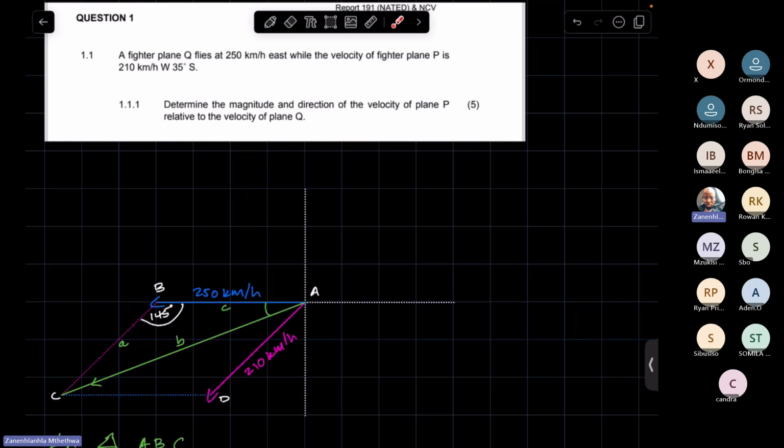What we're trying to do is follow the guidelines as to how we represent vectors on the Cartesian plane, regarding whether a vector is an object or a frame of reference. If a vector is an object, by principle, you draw it on the Cartesian plane going in the same direction as the one that's been given.